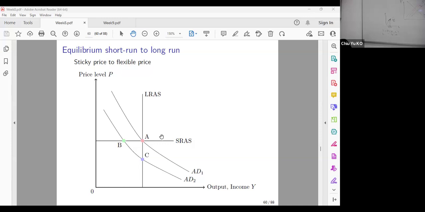If you think the market is overheating, you increase the interest rate or reduce the money supply. But in the long run, the price level goes down and goes back to C. So first is A, then B, and then C, when money supply drops.